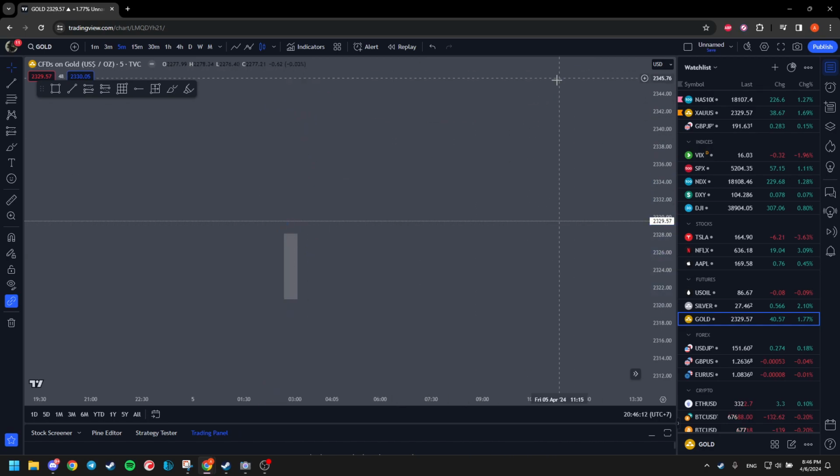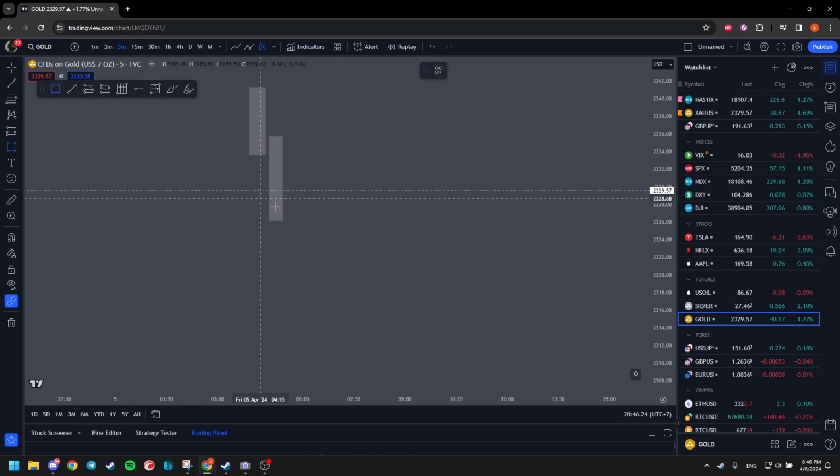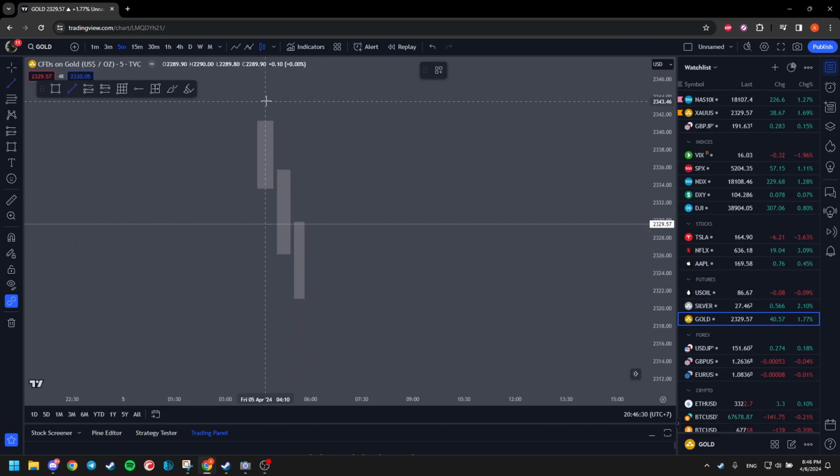And of course, it's the same thing if it's a bearish setup. Let's make a bottom candle. Okay, so this is a fair value gap.